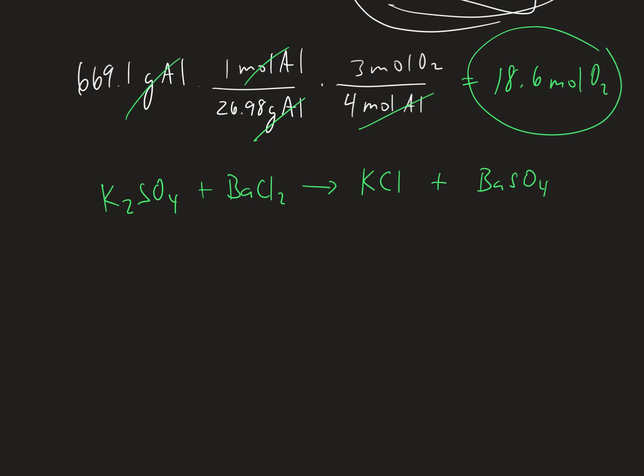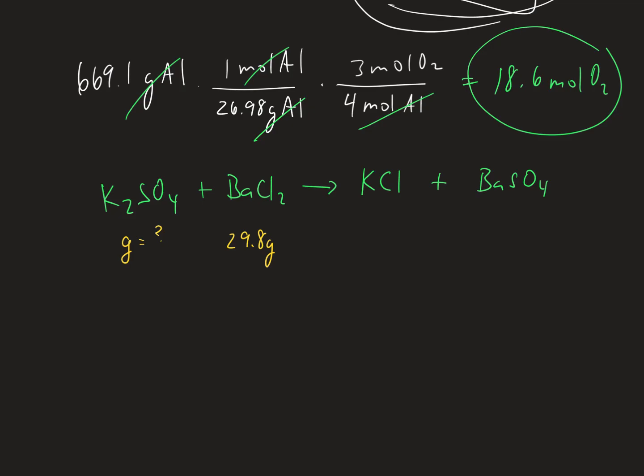And the problem says, what mass of K2SO4, so mass is grams, generally. If it doesn't tell you, then it's grams. Reacts with 29.8 grams of BaCl2. So we're looking for grams, and we have grams of BaCl2.